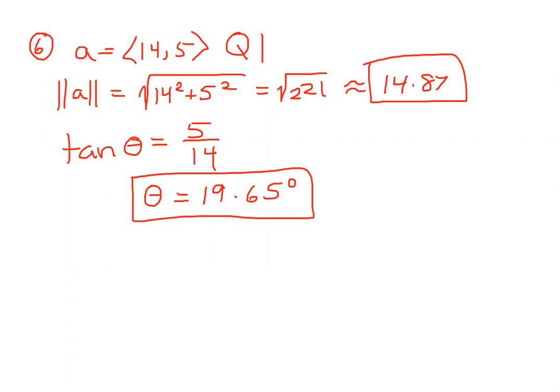All right, that's how you find magnitude and direction angle if the vector is in standard form, in component form. It means that the initial point is at 0, 0. So let's look at the next page. The next page is we can write any vector that has an initial point that's not 0, 0.